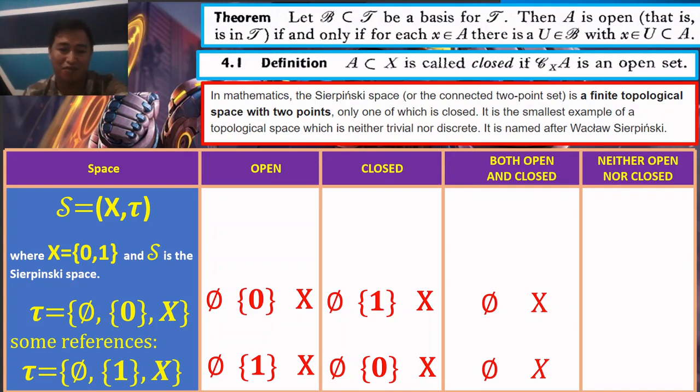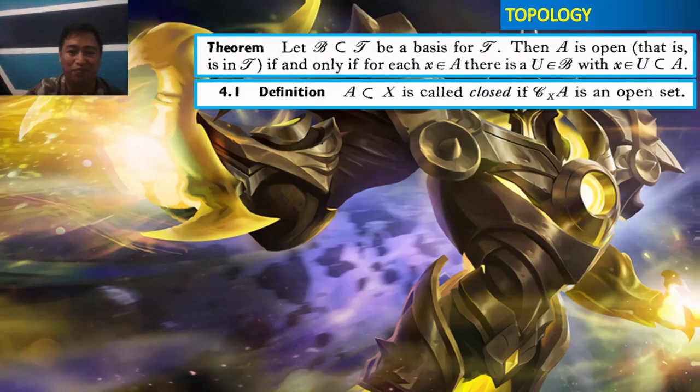The complement of empty is X, and the complement of X is empty, so they are closed. Again, the both open and closed sets are the empty set and X. They cannot disappear, meaning both open and closed, the empty set or X, our space X. So they are both open and closed by our definition. Okay, next.